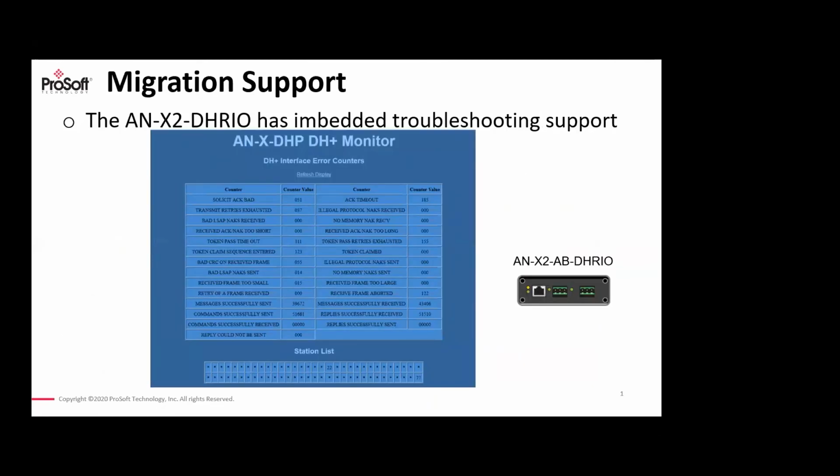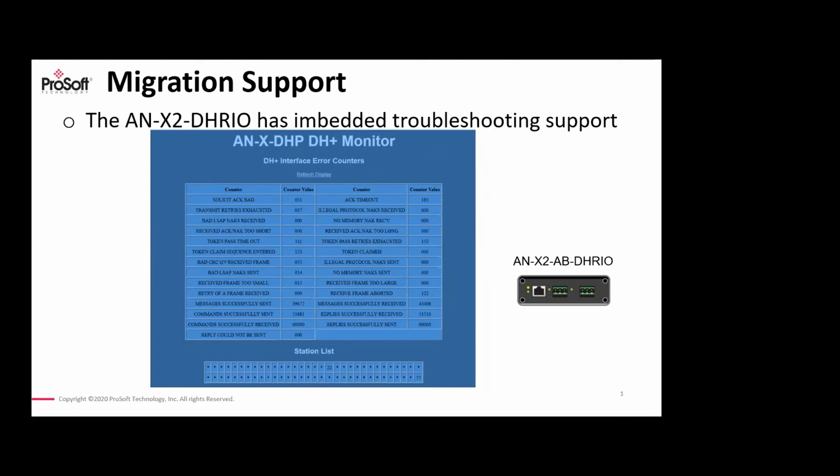Migration can be a complicated technical task, and having a gateway that can assist in the troubleshooting process would be invaluable. The ANX2 has a network monitoring feature on its web interface that will report the status of all the nodes that are available on the DH Plus network.